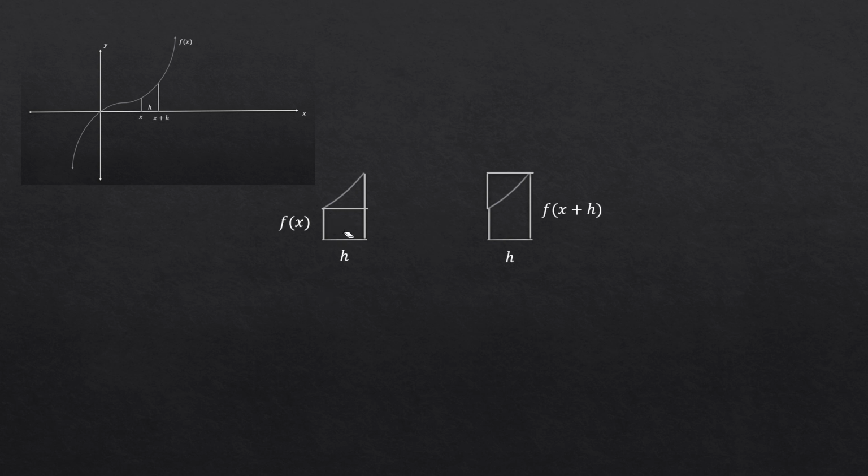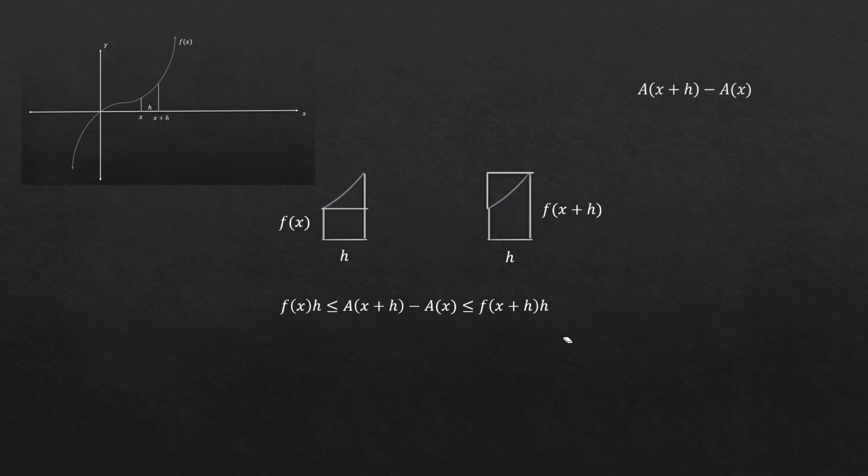So this first rectangle, do you agree, will be less than this exact area here. And this entire rectangle will be greater than this exact area here. So now we've got this inequality set up.